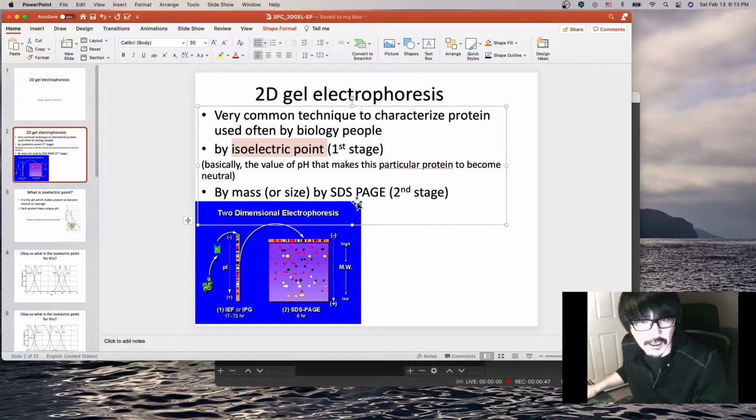And then the second one is that you use SDS to make the protein negative, and then they migrate under the applied electric field, and you can measure the approximate size or mass of the proteins or large molecules.